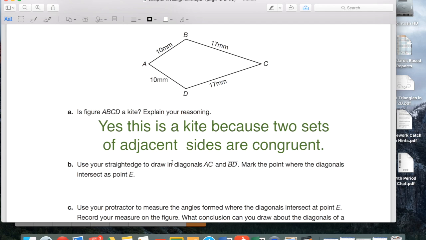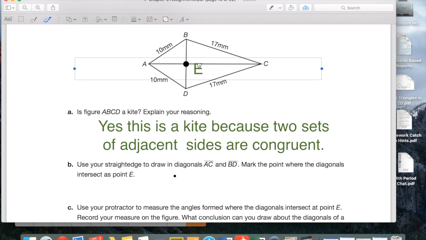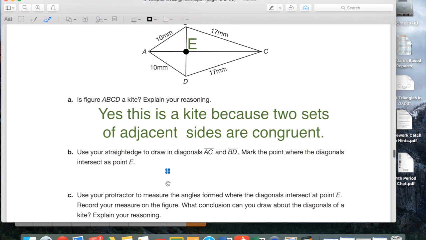Use your straight edge to draw in diagonals AC and BD. Mark the point where the diagonals intersect as point E. Okay.